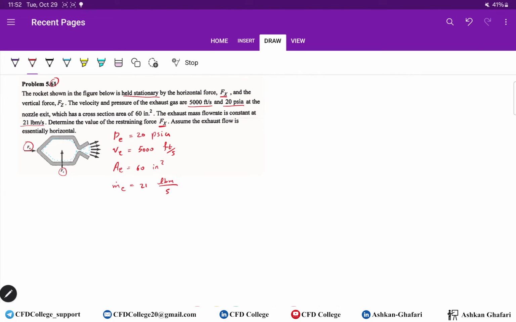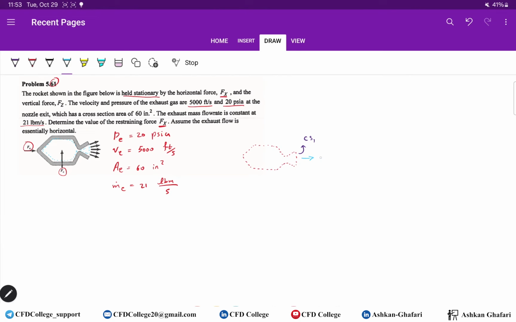So this is the control volume we have. We have only one control surface, CS1, which is the outlet.